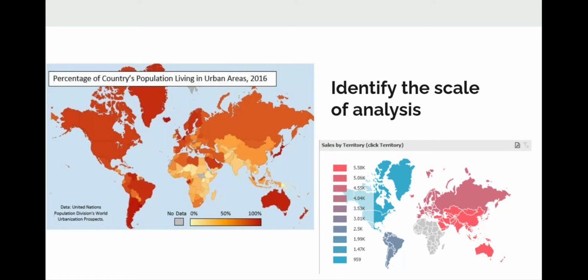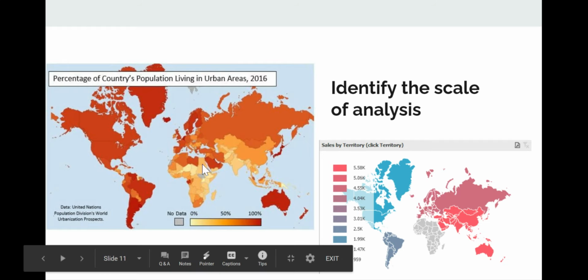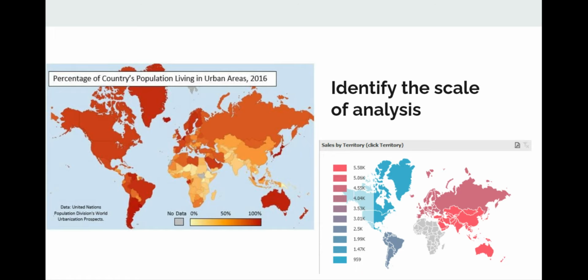Whereas the country of Chad here is much less urban. So you see closer to probably around 20, 30%. So you can see differences at the national level. So we would say the purpose of this map is to analyze the percentage of a country's population living in urban areas at the national level.